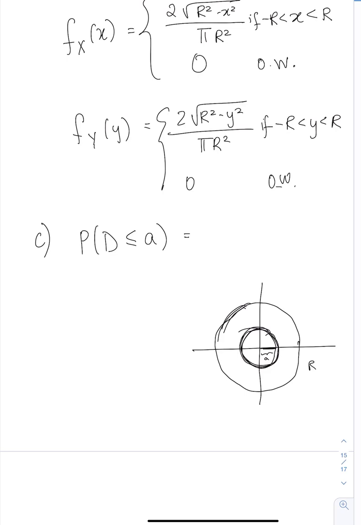And so what do you have to do? You have to integrate the density over that circle.